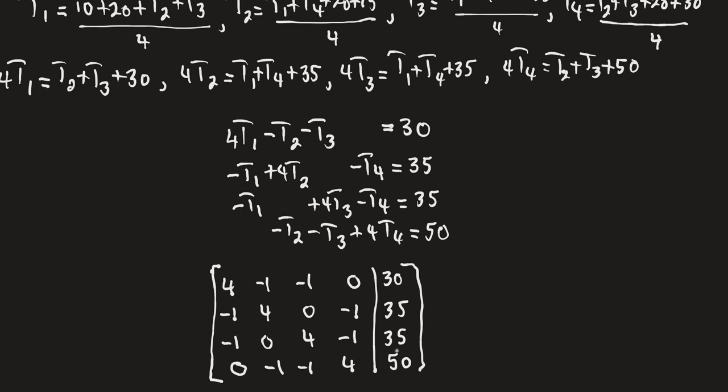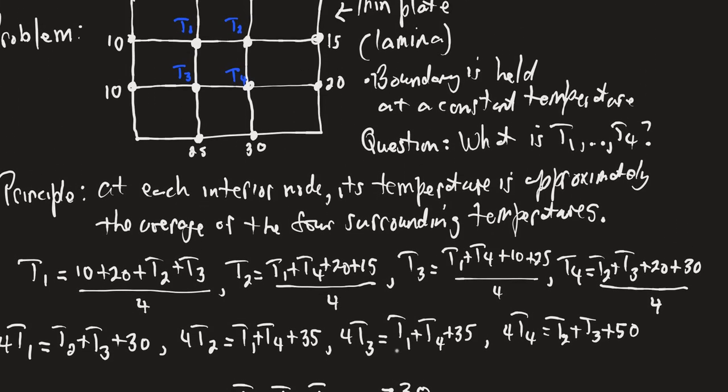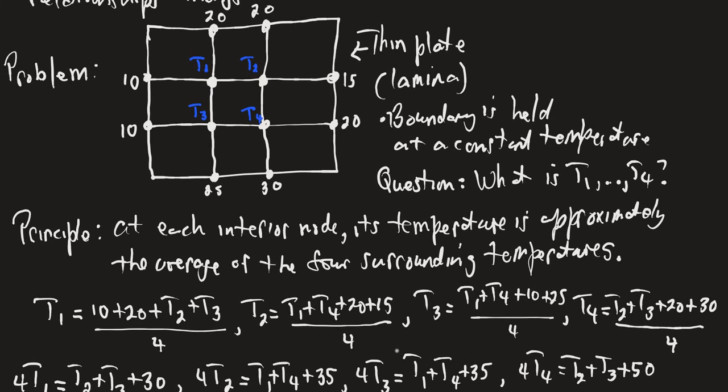So I'm going to scroll back up now to see where we started. We started with this thin plate, this lamina, and we have a temperature controlled border, very precisely controlled. And we want to approximate the temperature at these 4 interior nodes of this plate.